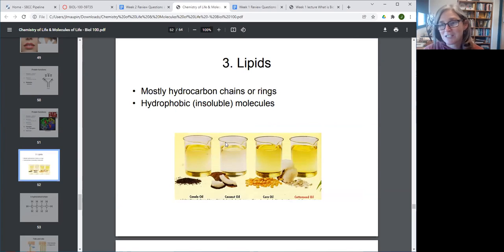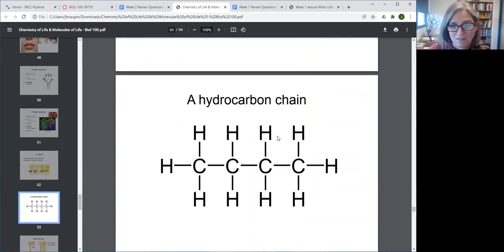So when you get to this section on lipids, lipids are fats and oils. They are mostly made up of hydrocarbons, these regions that are just hydrogen and just carbon. And hydrogen and carbon, if you remember that slide back a few, both have low electronegativity.